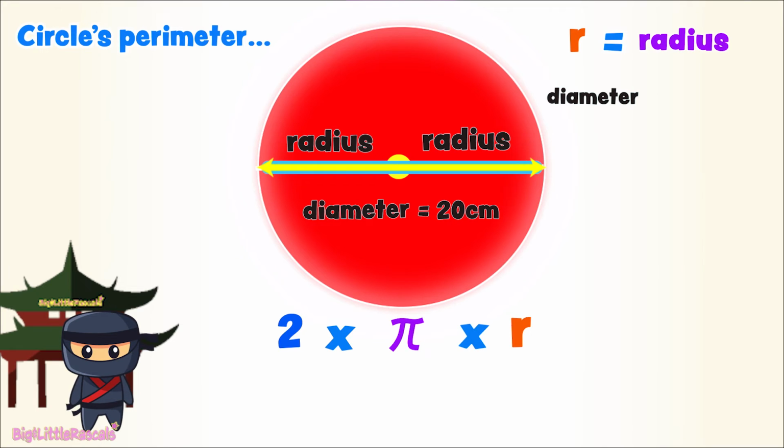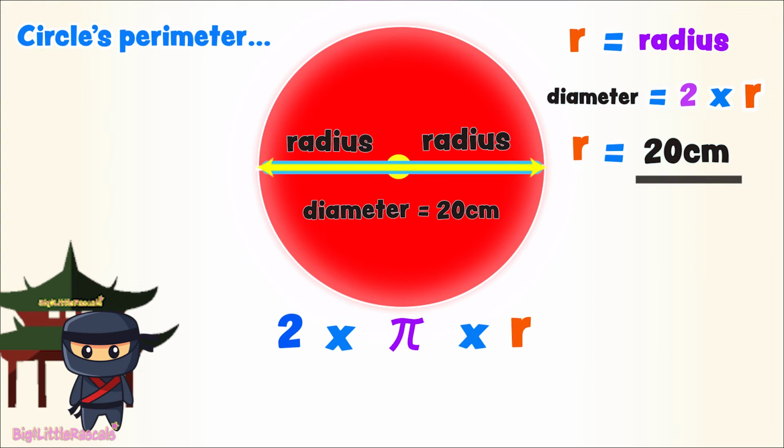Remember, the diameter of a circle is equal to 2 times its radius length. So radius is 20 centimeters divided by 2. We get radius equal to 10 centimeters.